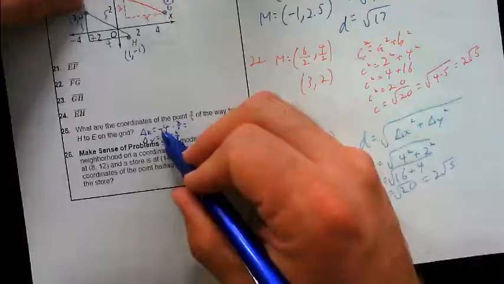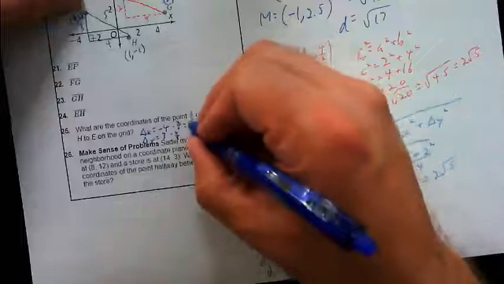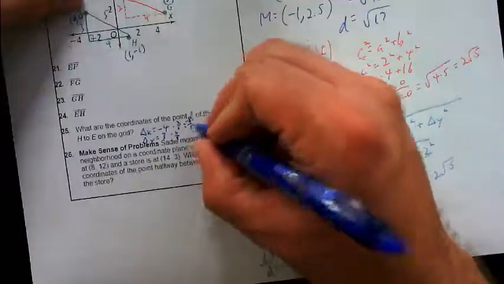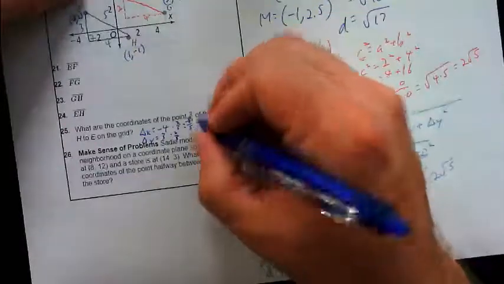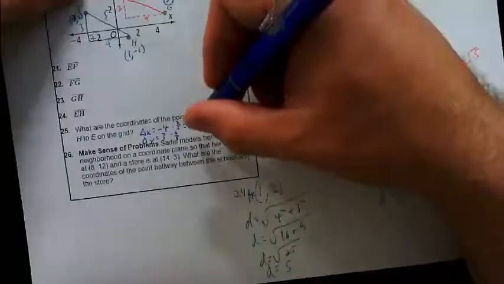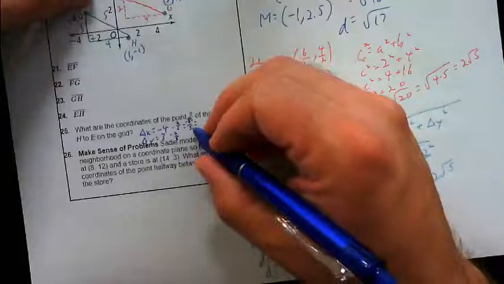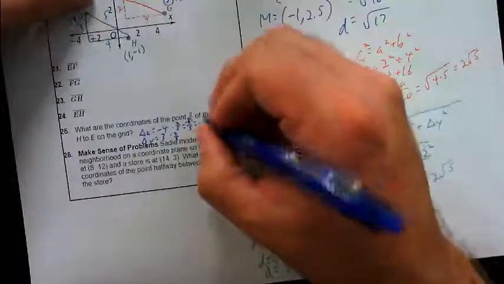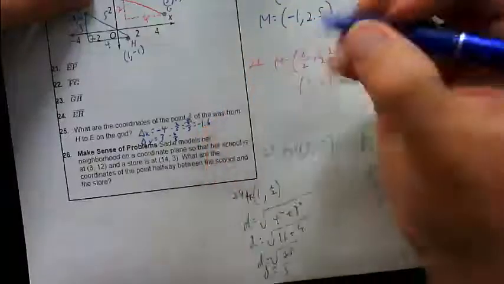So negative 4 times 2 is negative 8. So we get negative 8/5. If you want to change it to a decimal, you could. 1/5 is 0.2. So 8/5 would be negative 1.6.